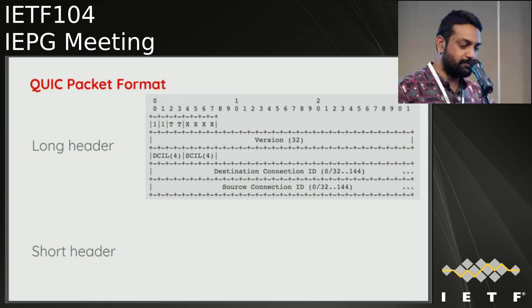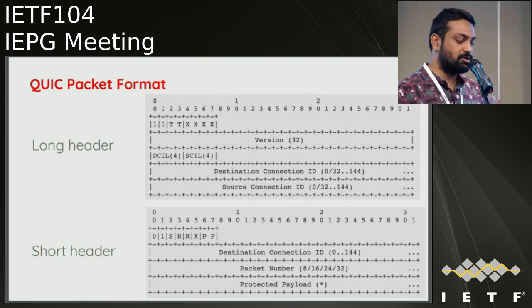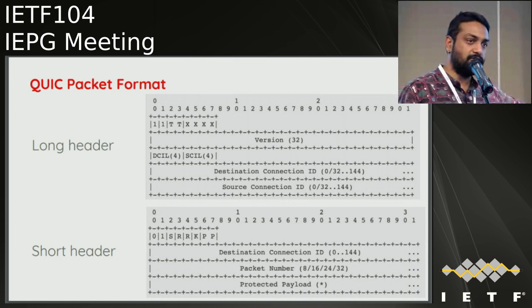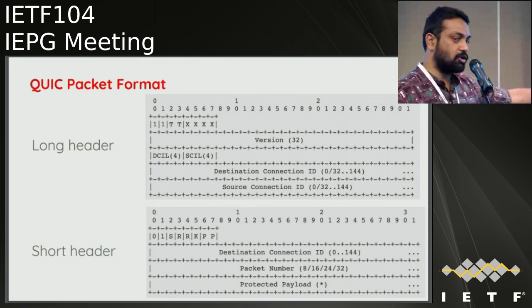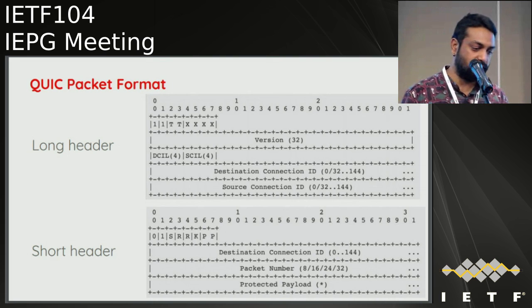In the long header. When you get to the short header, that's not a great picture, because it doesn't show you everything that's encrypted; the packet number here is encrypted. Only some bits are actually visible. The short header is the common header. That's what's used during the rest of the connection after the handshake is complete.